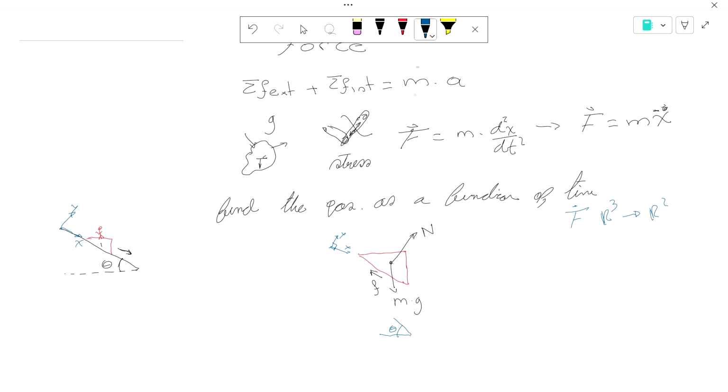Therefore, if I extend my normal force, and this needs to be parallel to x, then if you notice, this is probably the most difficult part of this whole problem: realizing that this angle theta is this angle theta. That was probably the most difficult part, and we saw that in statics multiple times.